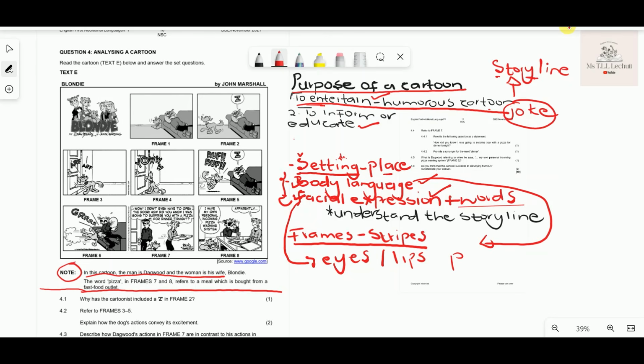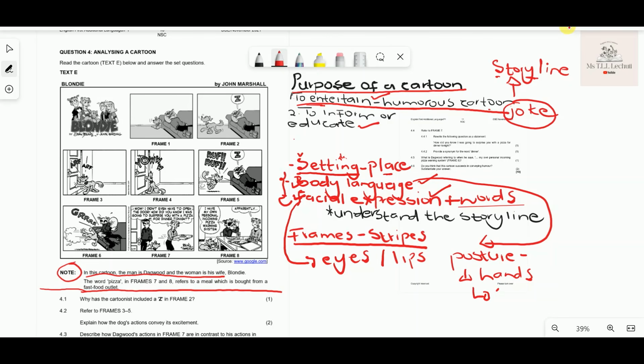You may talk about the posture. How is the character standing? Maybe he's standing upright. And you must also talk about the movements of the hands. You may talk about the character's shoulders. The character maybe has slouched his shoulders.